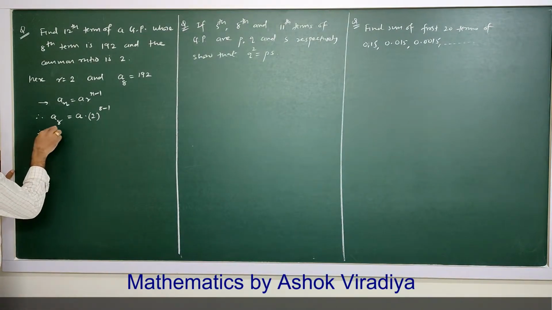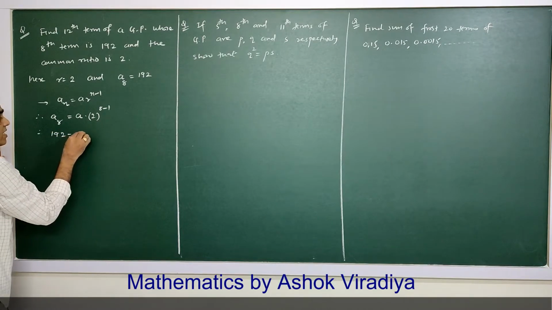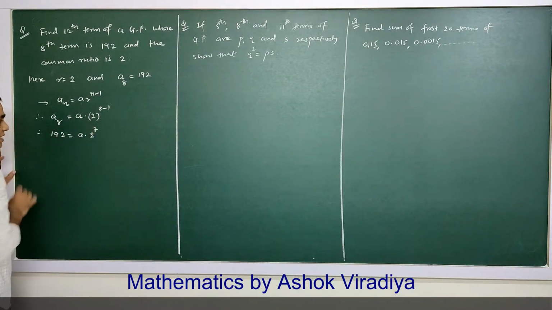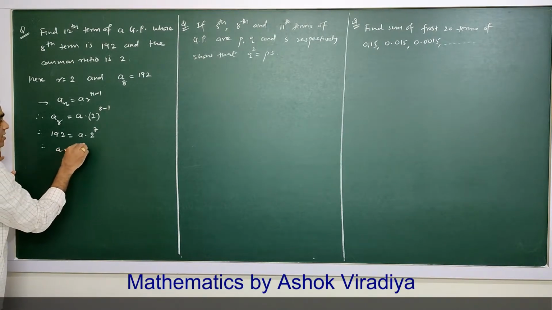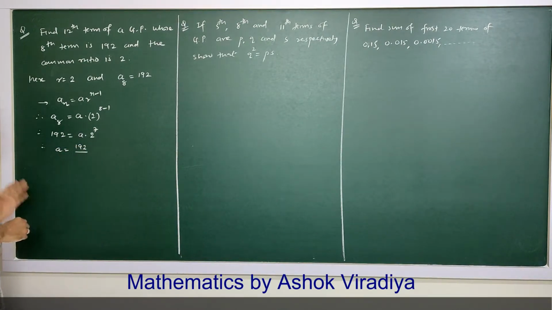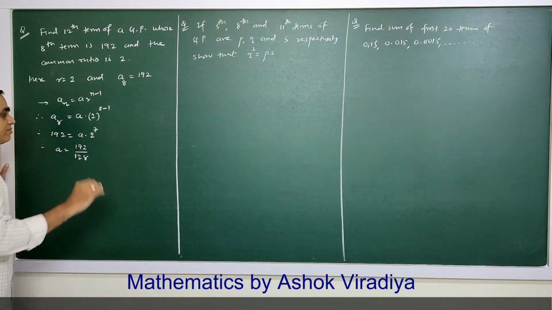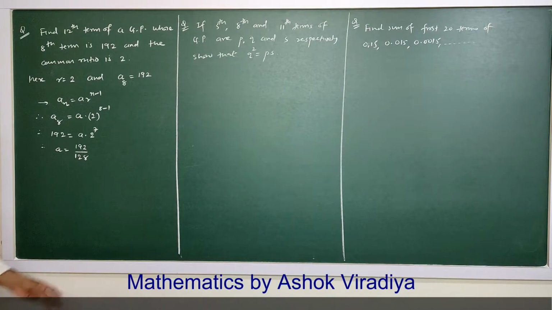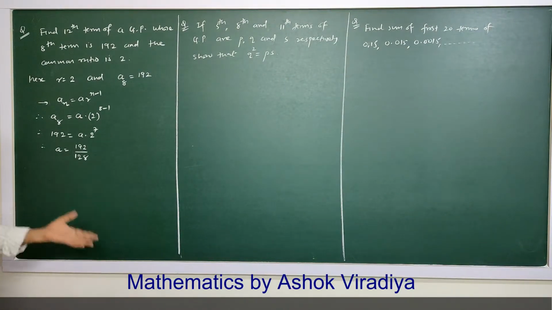So A8, which we already have as 192, is A into 2 raised to 7. And 2 raised to 7 is 128. 2 into 2, 4 into 2, 8, 16, 32, 64, 128.